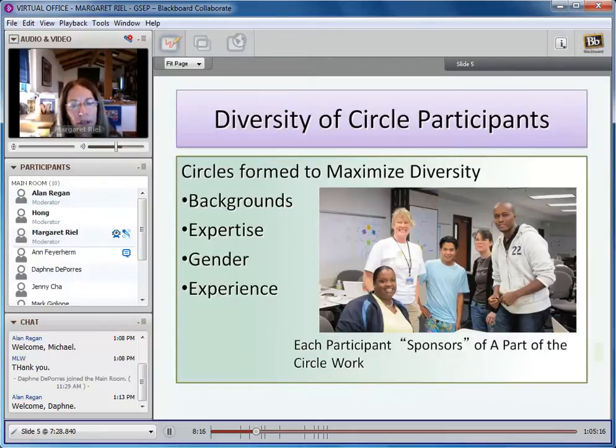We're pretty clear on, when we say diversity, that having people from different cultural backgrounds enriches the conversation, but having people from diverse economic or sector backgrounds can really enrich the conversation too.